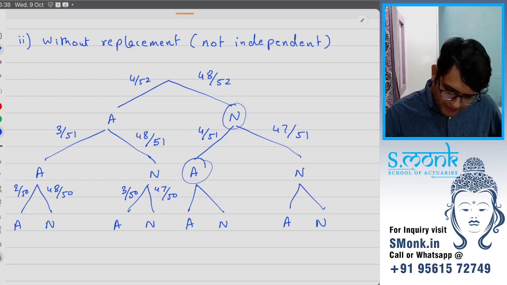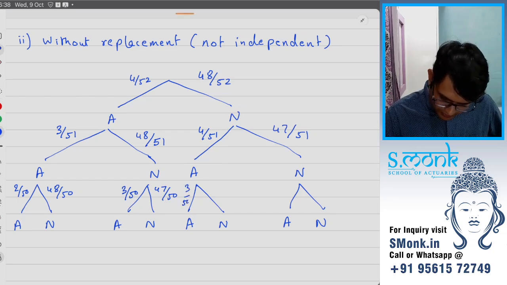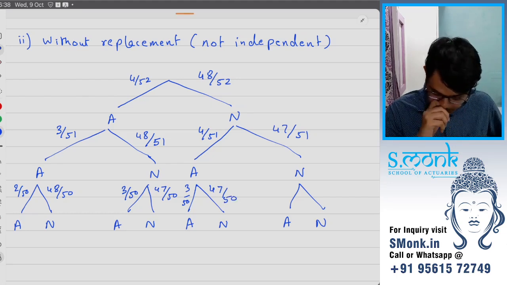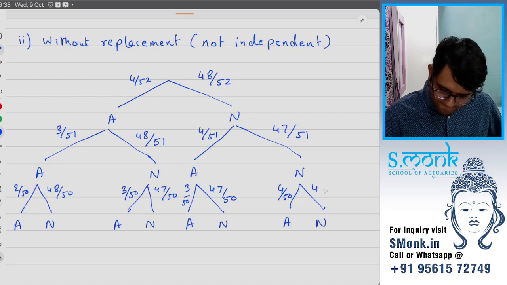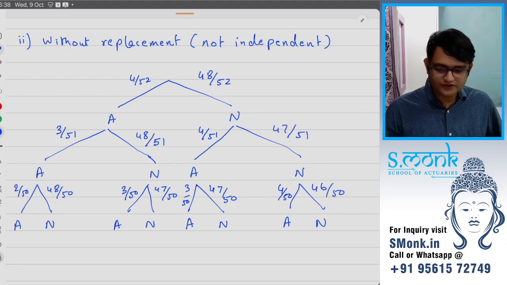Here N and then A, so 3 by 50 and 47 by 50. Here N, N, so 4 by 50 and 46 by 50.